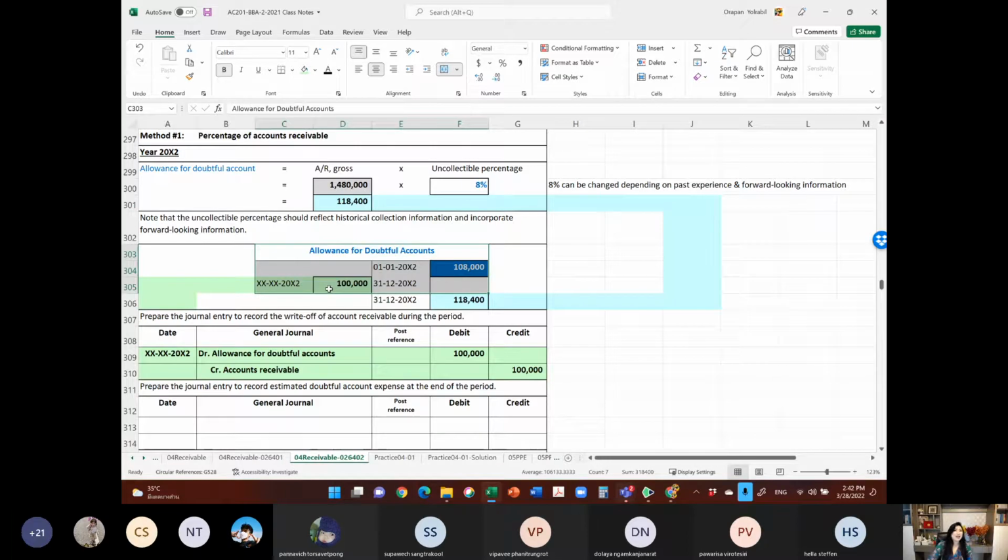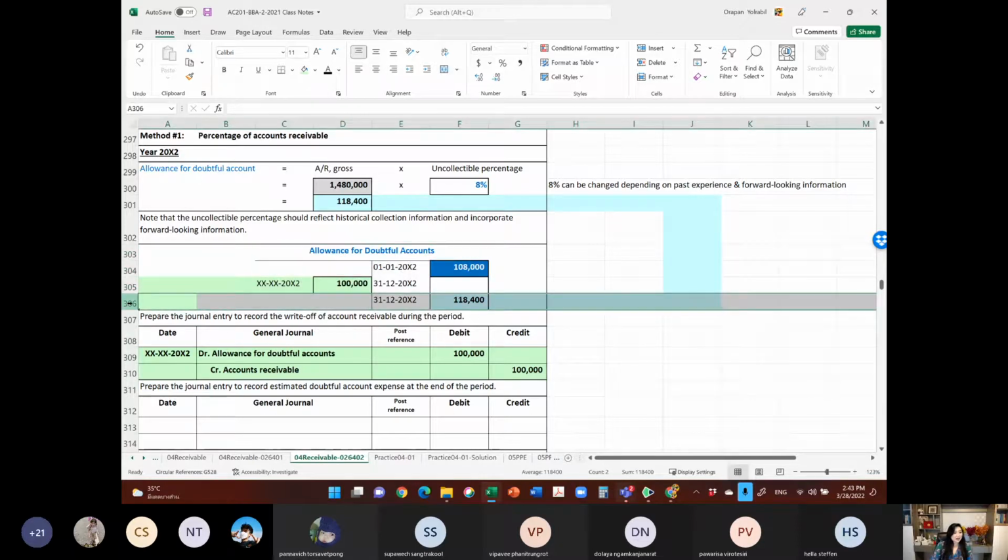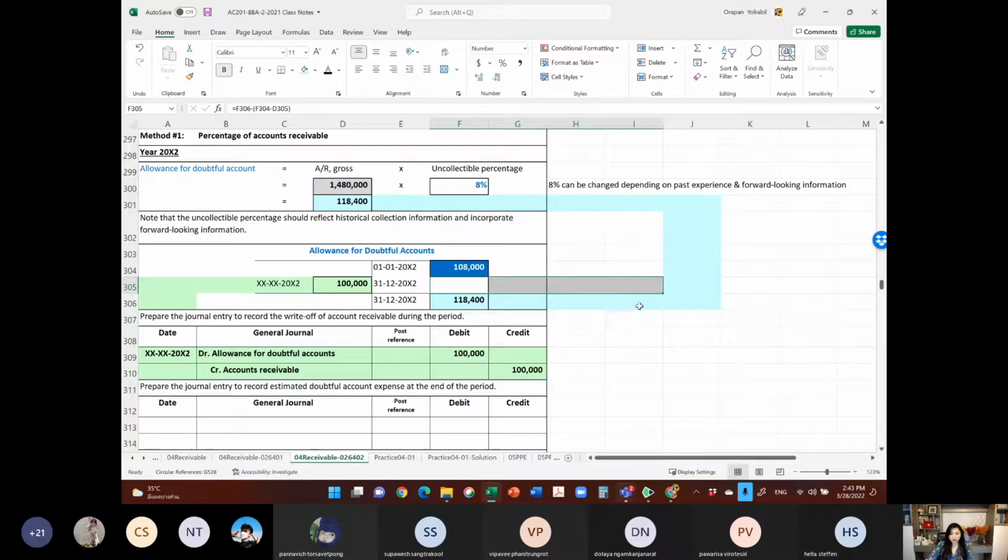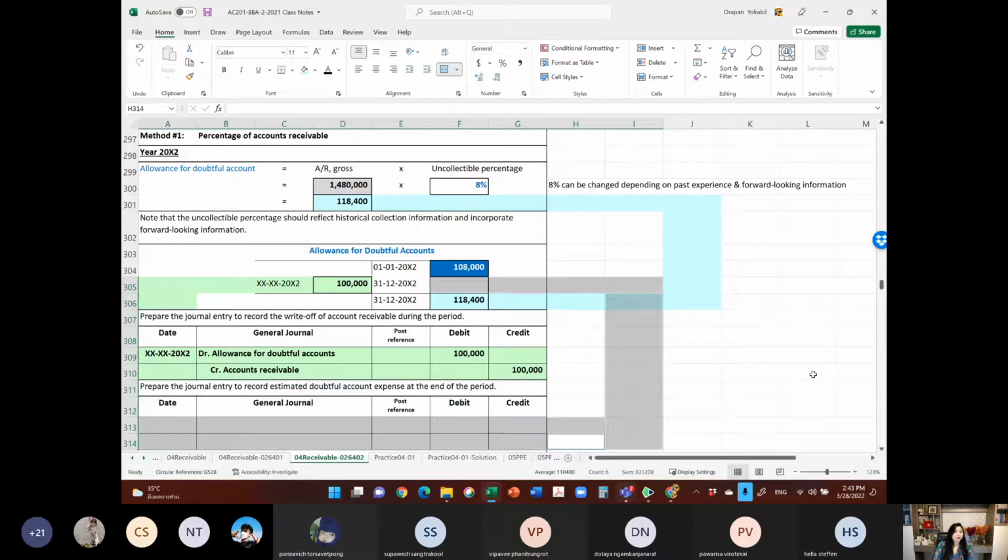But at the end of the year, how much do we want to have? 118,400. Okay. So if that's the case, then how much more do we need to record of what we want?